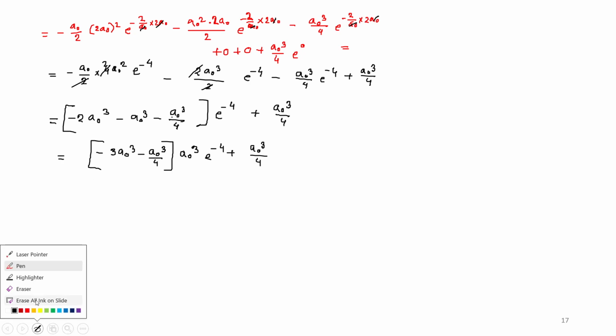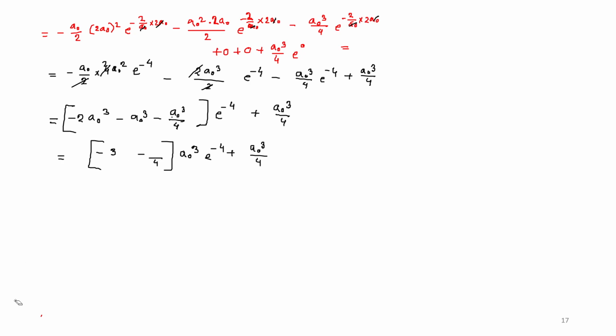So I can erase a naught cube here. So minus 3 minus 4 is minus 13 by 4, a naught cube e to the power minus 4 plus a naught cube by 4.